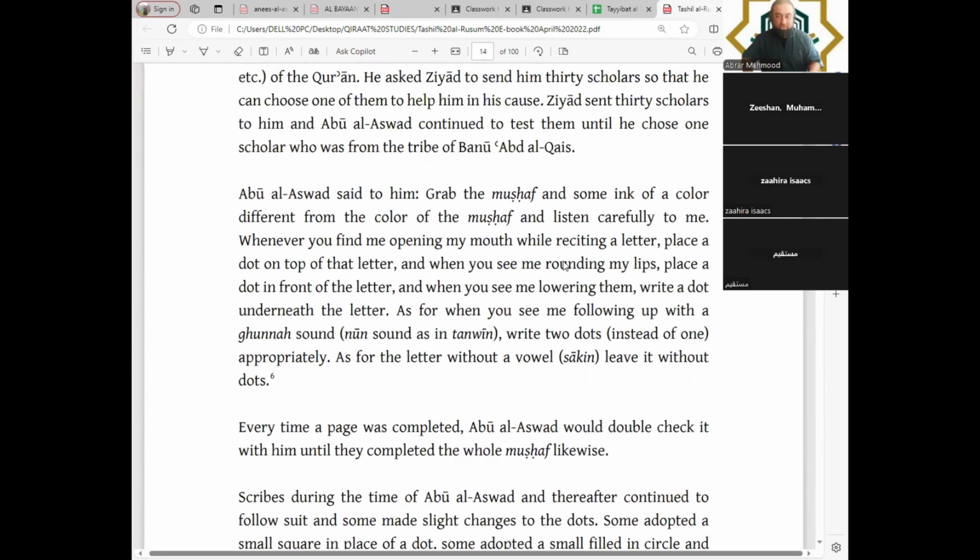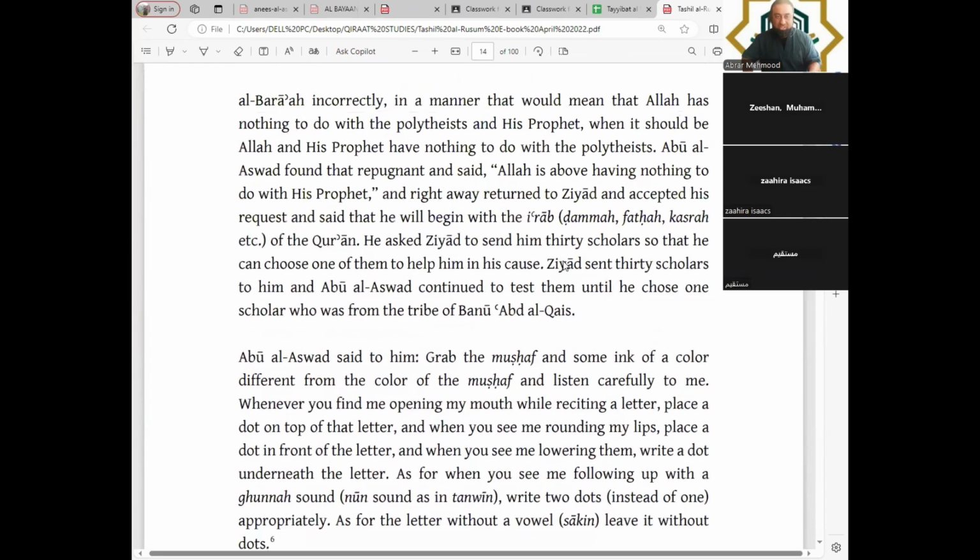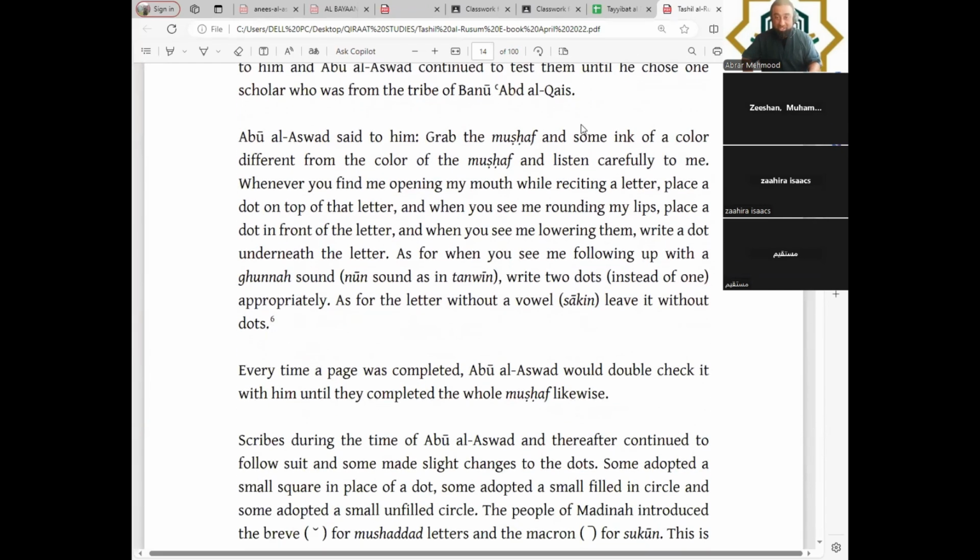Okay, so as you can see, a significant process. What's beautiful is many of us are students of the Qira'at, and this description shows beautifully how important the science of Qira'ah is.